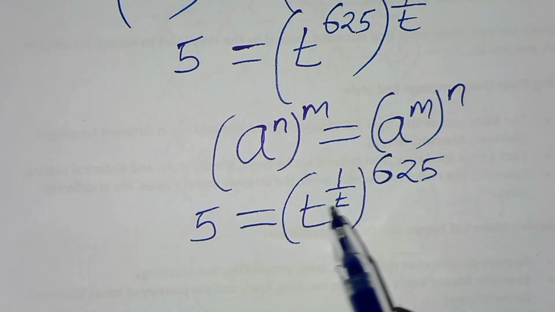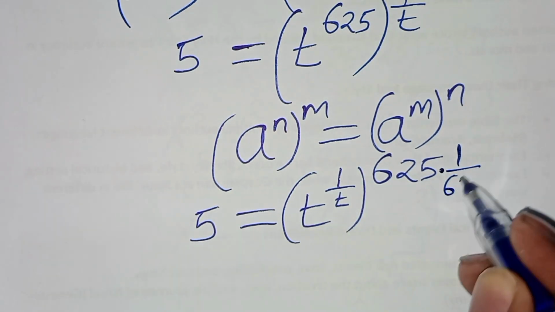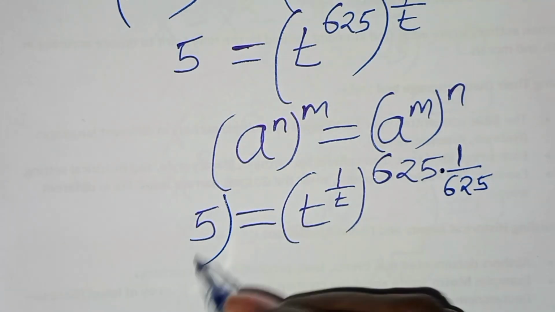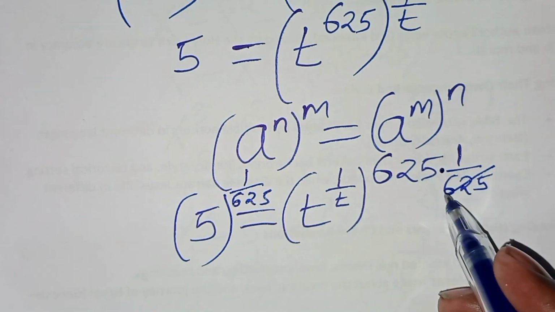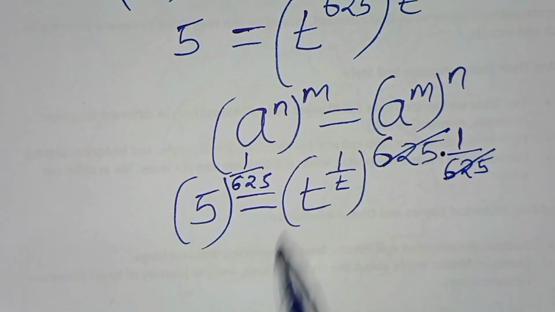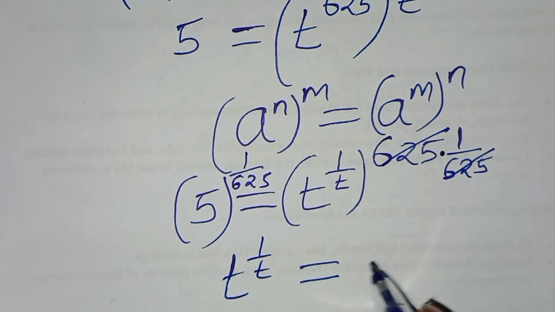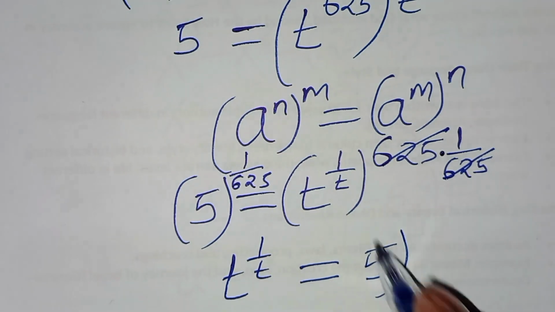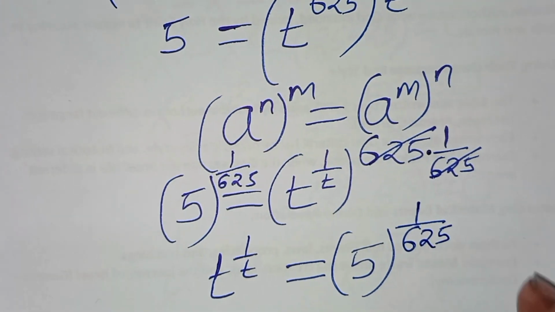Now let's multiply both sides by 1 over 625. So 625 and 625 simplify, and we can write t to power 1 over t equal to 5 raised to power 1 over 625.